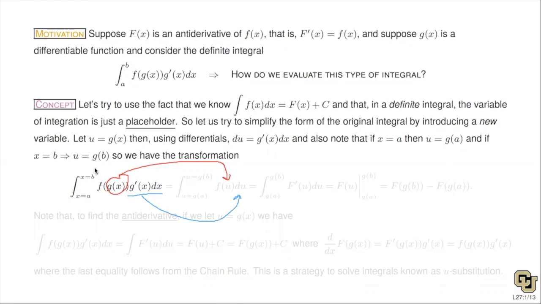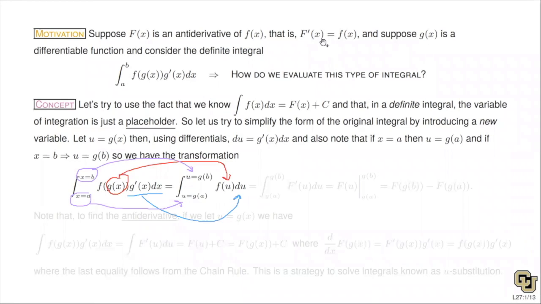And I'm going to replace my bounds that are in terms of x with bounds that are in terms of u. And so when we do that, the new integral looks like this. Integral a to b, f of g of x, g prime of x dx is now integral g of a to g of b, f of u du.